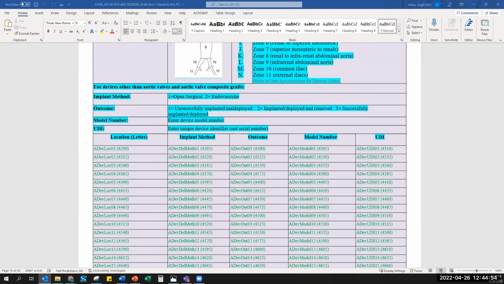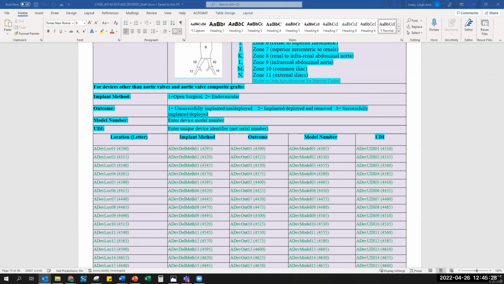Again, we'll talk a little bit more about aorta devices. When we talk about device, it refers to any implanted material within the aortic valve for combined aorta and valve procedures, and the aorta. So this is grafts, stent grafts, could be Dacron, homograft, autograft, or stent graft, but it's in the aorta.